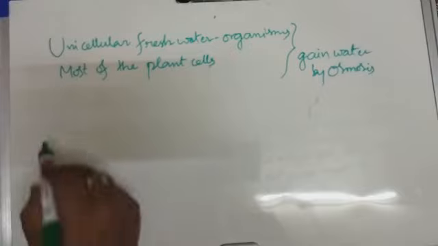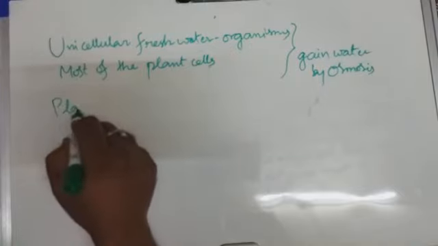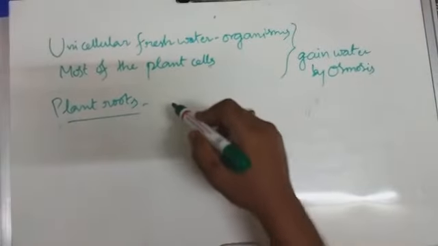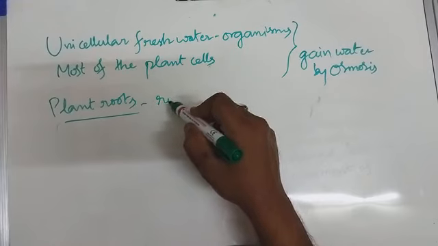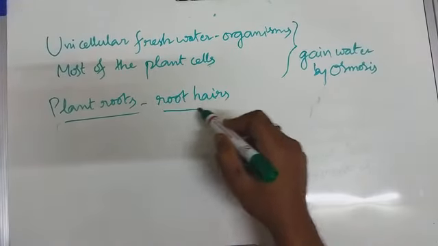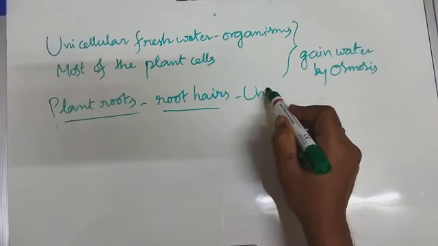Root cells, plant roots, contain specialized hair-like structures called root hairs. Root hairs are unicellular structures.